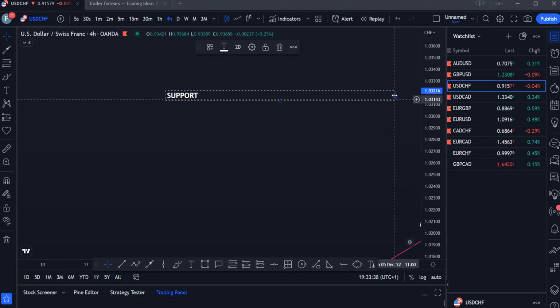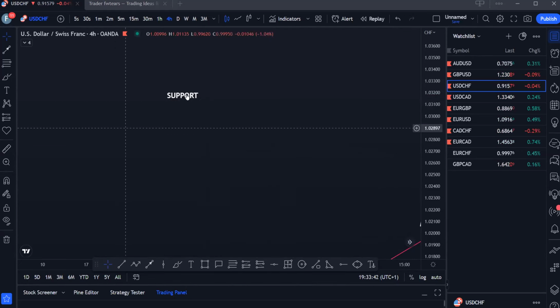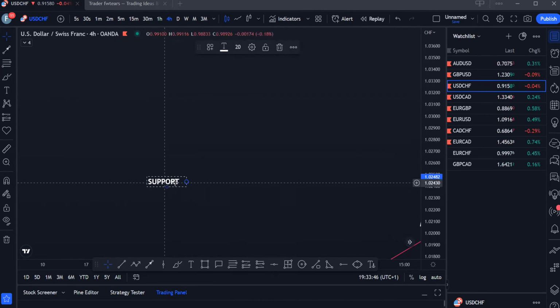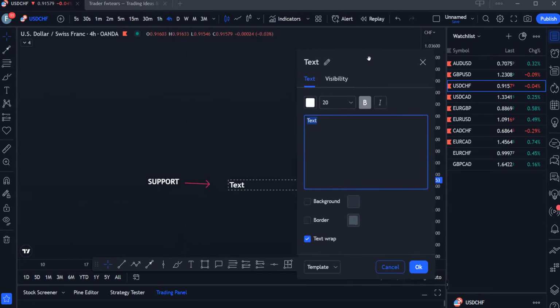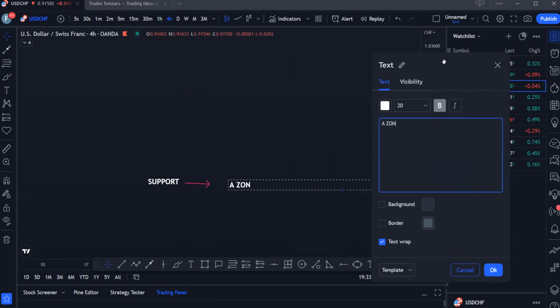So a support, when you think about support, I want you to think about floor. All right. A support is a zone in the market that acts as a floor. Okay, a support is what? A zone in the market that acts as a floor.